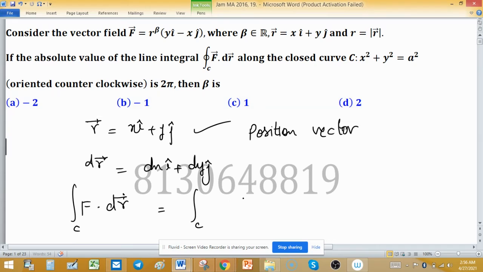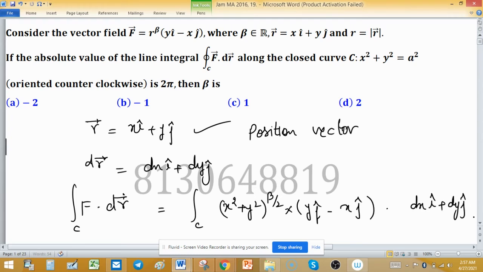R will be x square plus y square raised to the power half, and beta is also, so beta by 2, and this is dr, sorry, r raised to the power beta, y i hat minus x j hat, with dot product dr, which means dx i hat plus dy j hat.